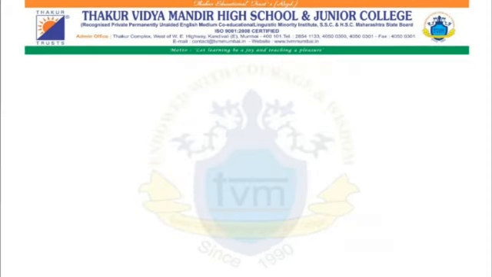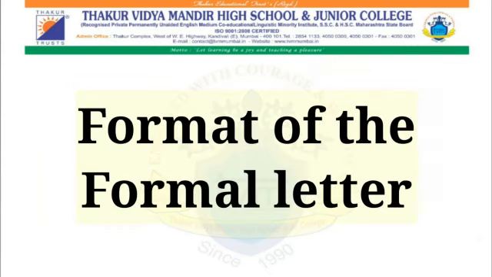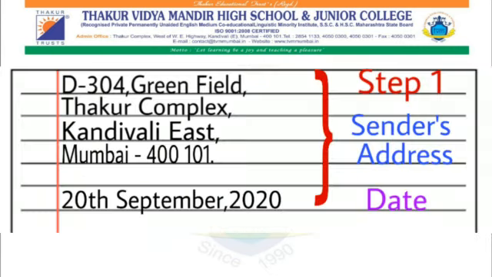Now let us see the format of the formal letters. The first step of the formal letter is writing sender's address. That is, writing your own address on the left hand side just after the margin.